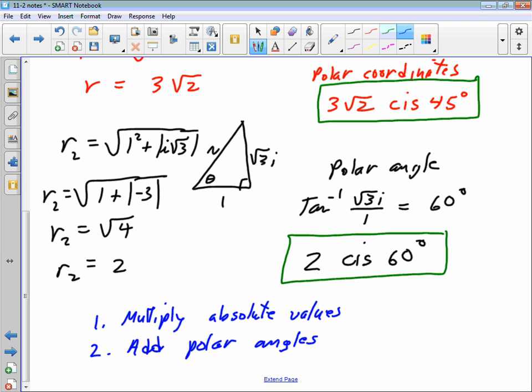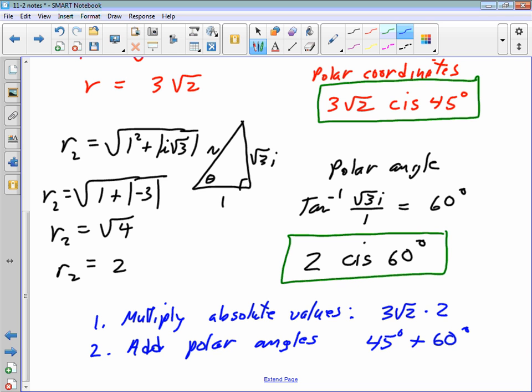So we need to multiply their absolute values, which would be 3 square root of 2 times 2, and add their polar angles, which would be 45 degrees plus 60 degrees.